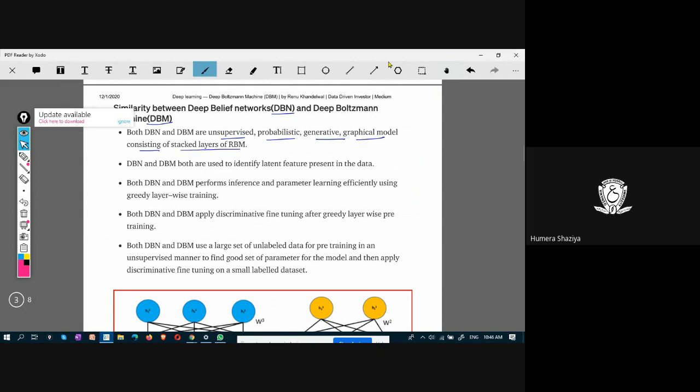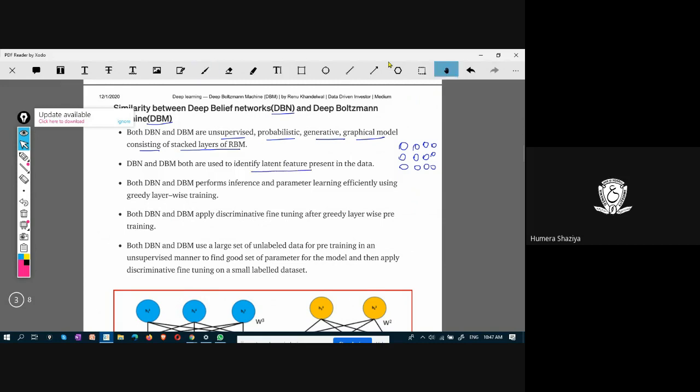Both deep belief network and deep Boltzmann machine have RBMs, meaning visible and hidden layers, and in both you have multiple hidden layers.